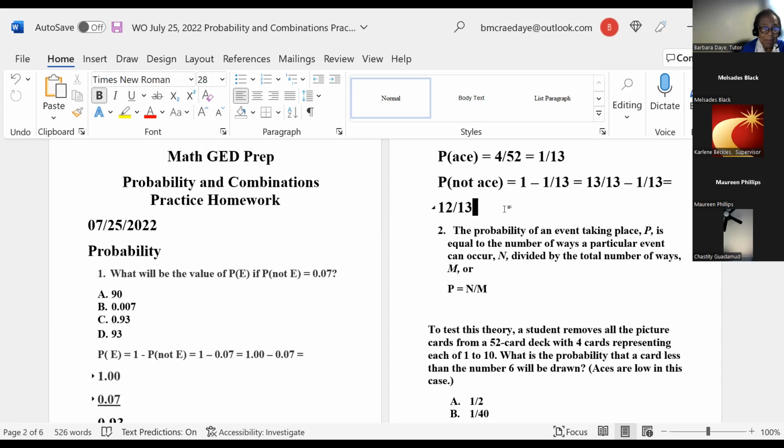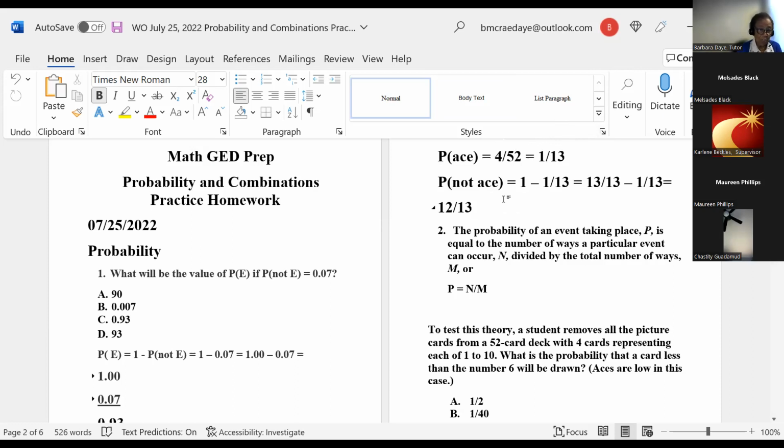It's easier to work with 1/13 than 4/52, because once you say the probability is 1/13, the not would be 1 minus 1/13, and 1 is 13/13, and we use that because the fraction is in 13ths. So the not would be 12/13.